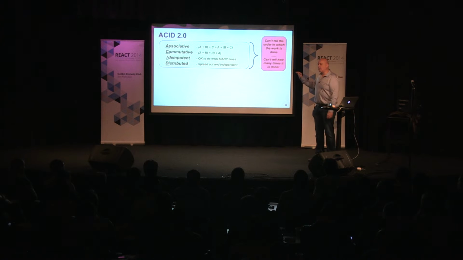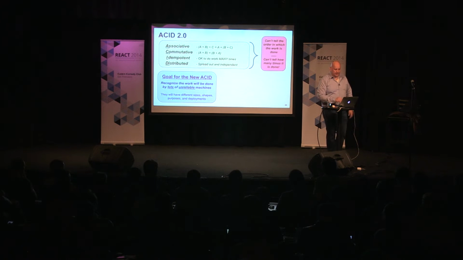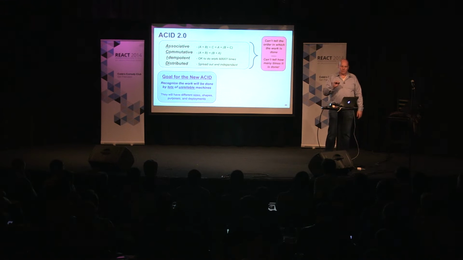You can't tell how many times the work is done. But if you design to these design principles, then it's just fine. It's fine that you've got this lack of knowledge about the order and lack of knowledge about how many times it's done, at least once. So the goal of the new ACID is to recognize the work will be done by lots of unreliable machines, different sizes, shapes, purposes, deployments.